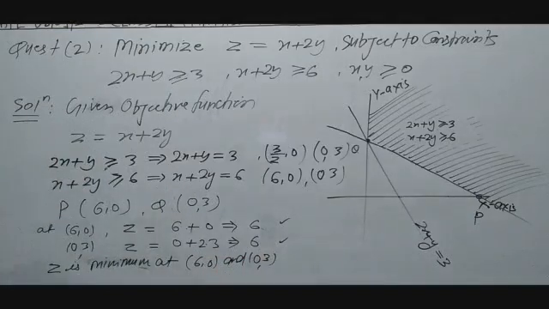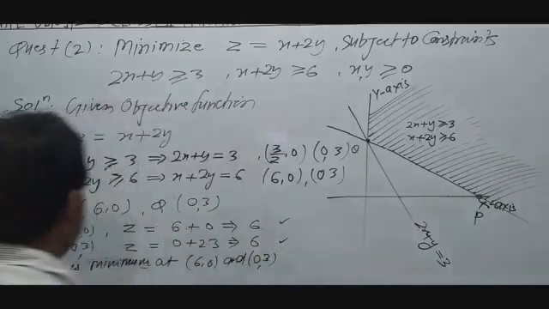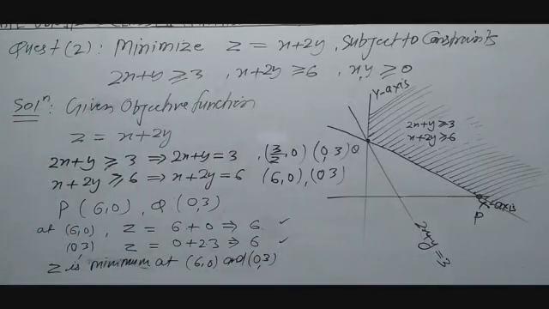This is the point where the objective function is minimum, at 6, 0 and 0, 3. So this will be the answer.